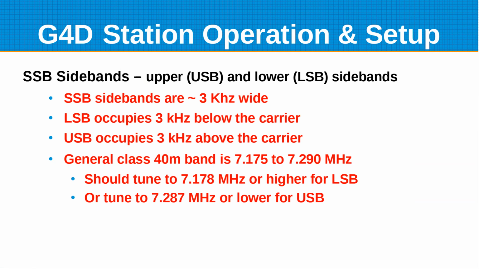Example is the General 40 meter band, which goes from 7.175 to 7.290. So if you're in that band, you should tune to 7.178 megahertz or higher for lower sideband because you want to be 3 kilohertz above the low end. Or in the other example, you tune to 7.287 so that you're 3 kilohertz below the upper end of the band.